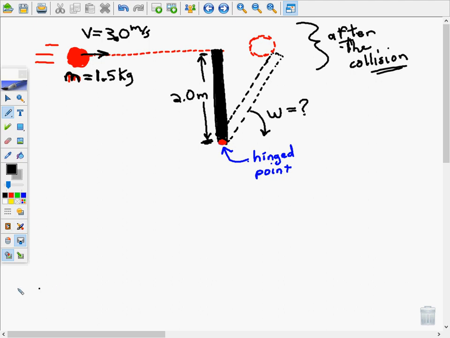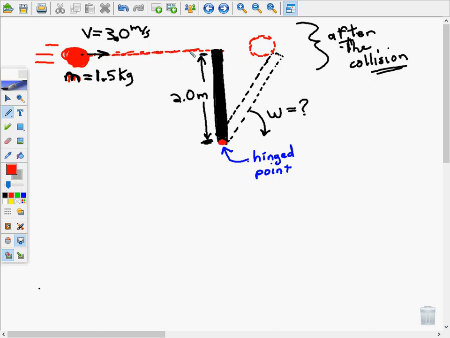So we're going to do another inelastic collision problem, and we're going to use angular momentum to solve this problem. But this time, it's kind of bizarre because this red wad of clay is going to be going in a straight line, and you might think it doesn't have angular momentum. It's not rotating, but yet an object going in a straight line does have angular momentum.